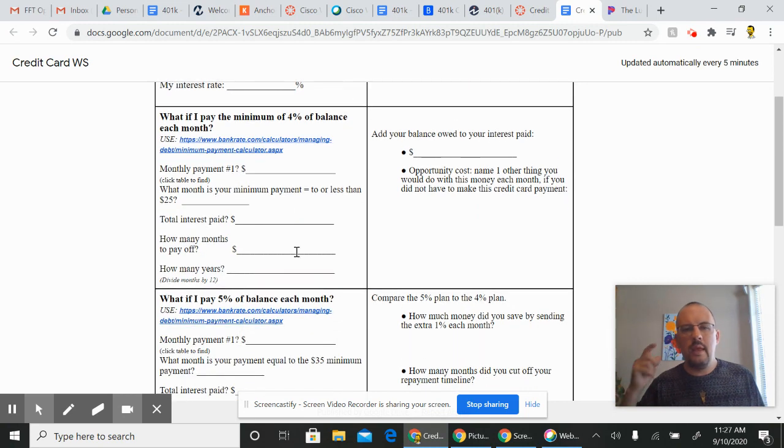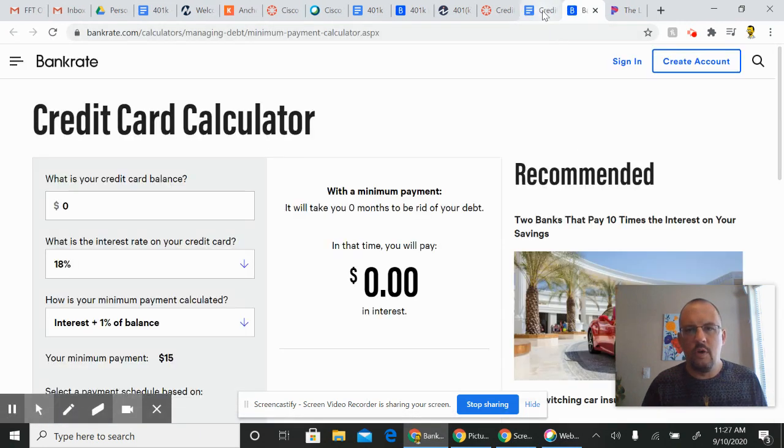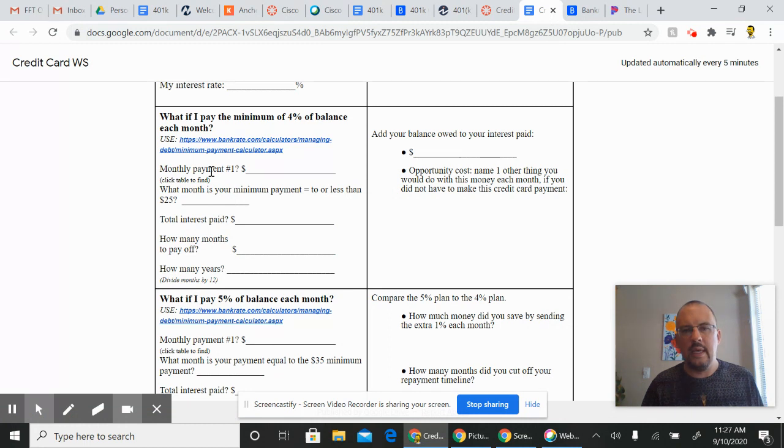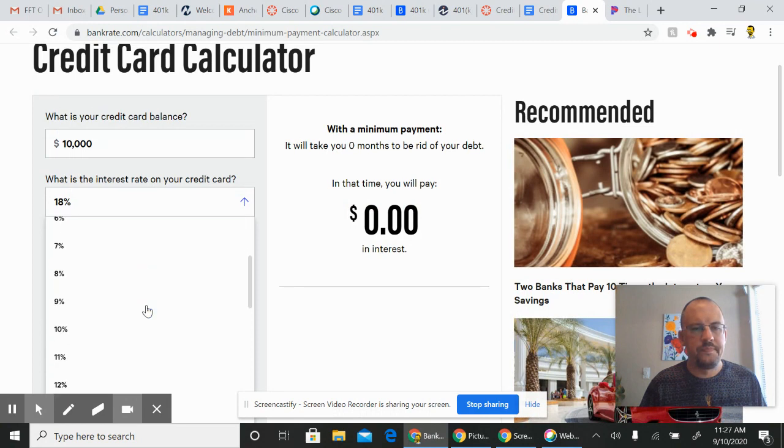Okay, and then I come to what if I pay the minimum balance of 4% each month. I click on the calculator, so it's going to open up this credit card calculator, and it's going to tell you the answers to all these questions. Now what I have to do is put in $10,000, and then my interest rate was 15%.